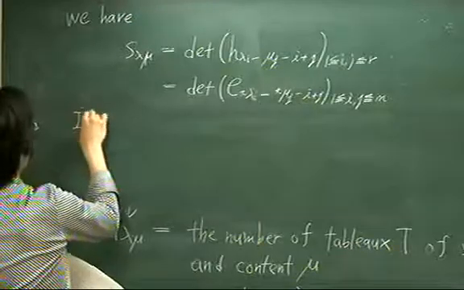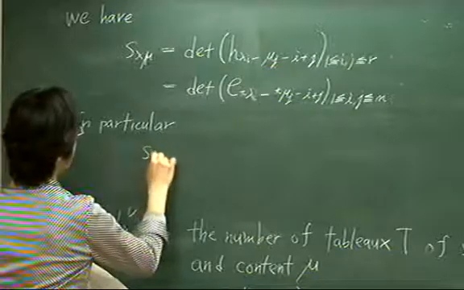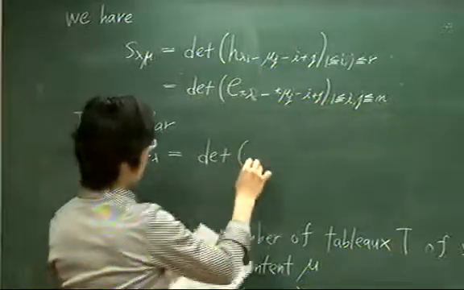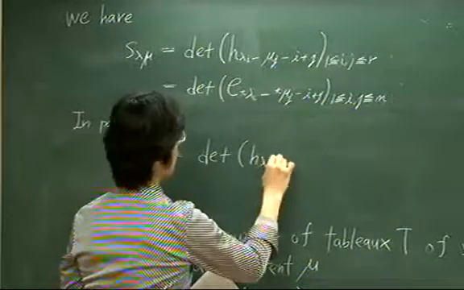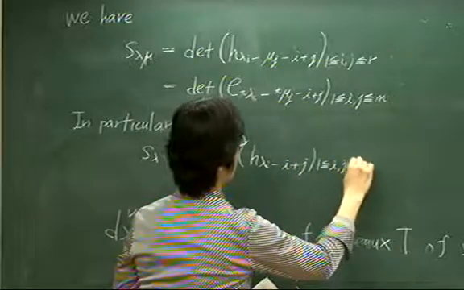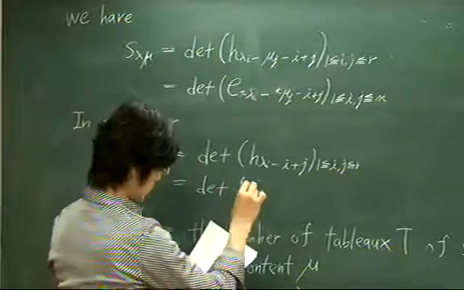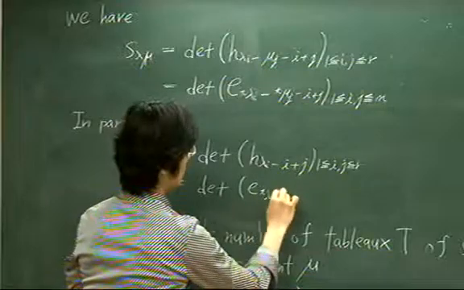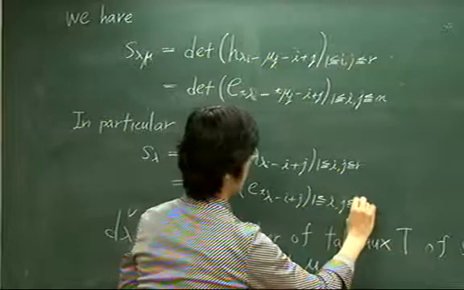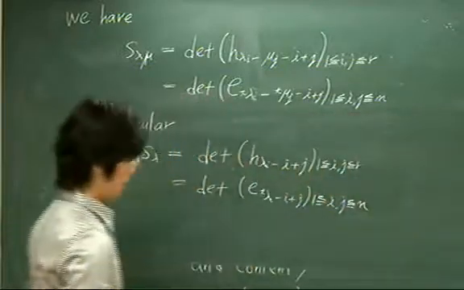In particular, each Schur polynomial is expressed as a polynomial in these. This is the Jacobi-Trudi formula.